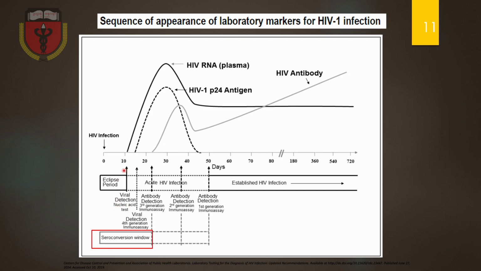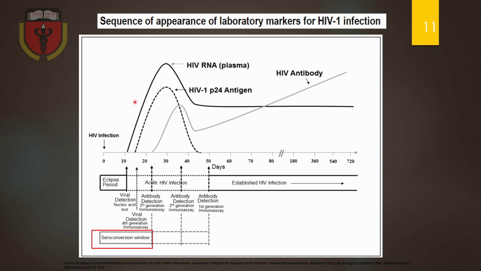So here is an eclipse period, and then the acute HIV infection happens in this period here. Why? Because the virus actively replicates. That's when we see viral RNA and protein in our blood.